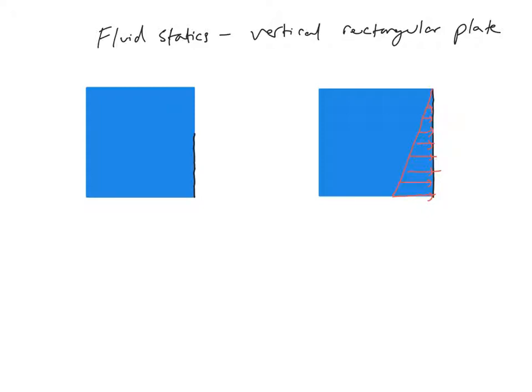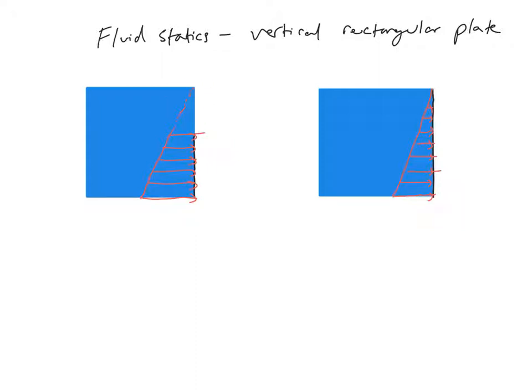And here we have a pressure distribution to the surface here, but we're only caring about what's happening on the plate itself, and so we have a trapezoidal pressure distribution over on the left side. We don't care what's happening in this top section right here.